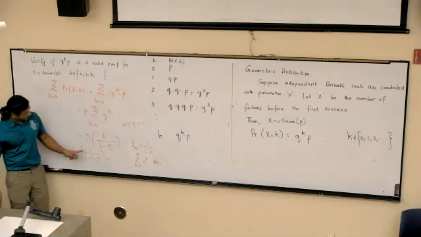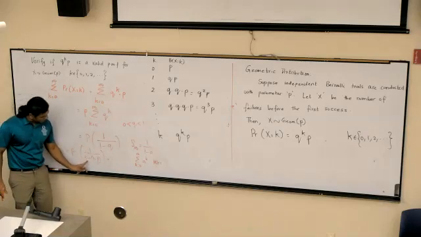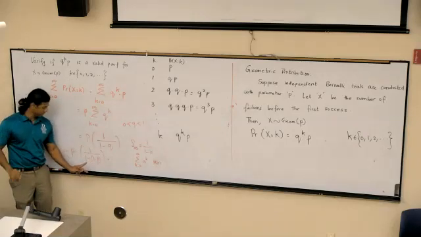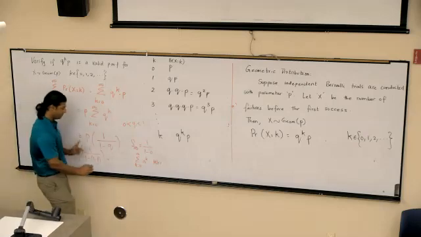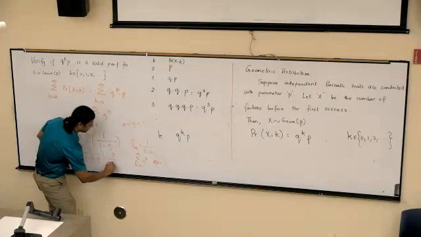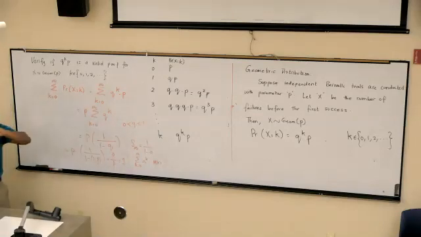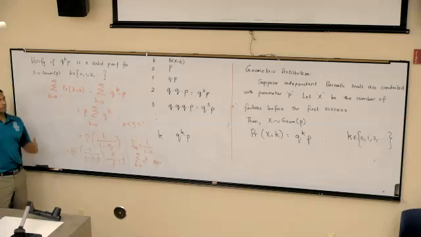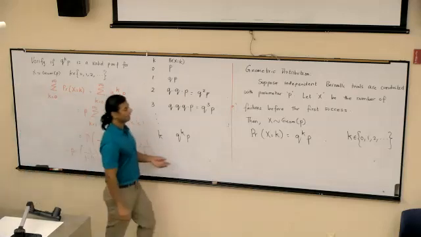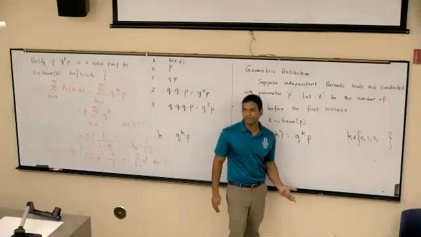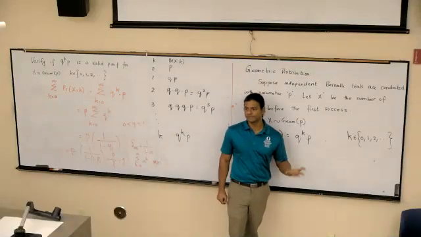So P times 1 over 1 minus Q, which is P over P, he gets 1. So the sum of all the probabilities is 1. So what we have here is a valid PMF. Do we agree? Yeah.